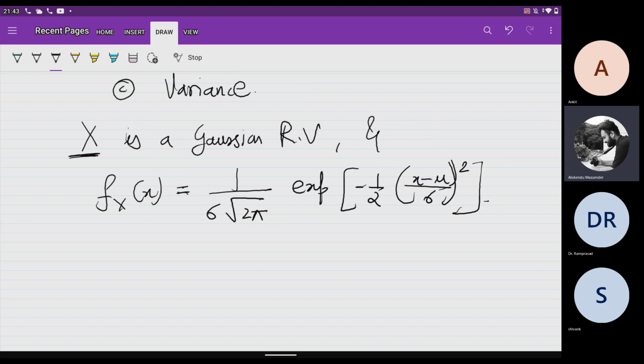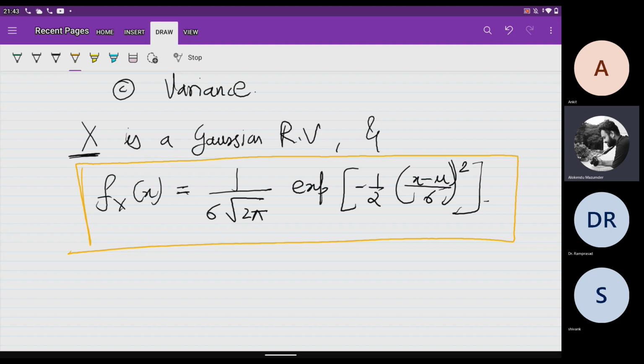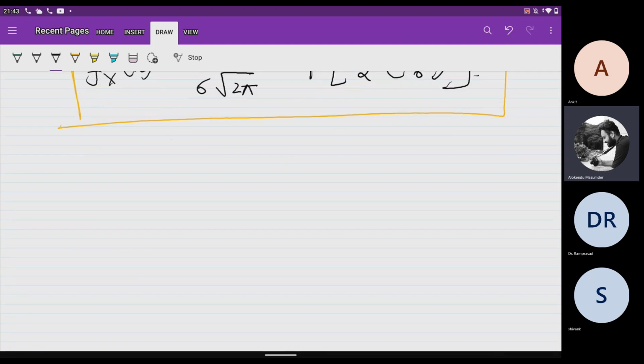EXP is the exponential, the power of e. So mathematically the PDF of a Gaussian distribution is defined like this, and I will explain the parameters.